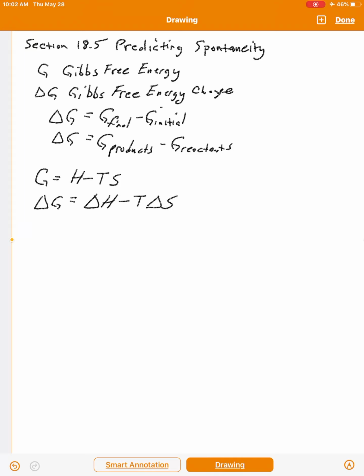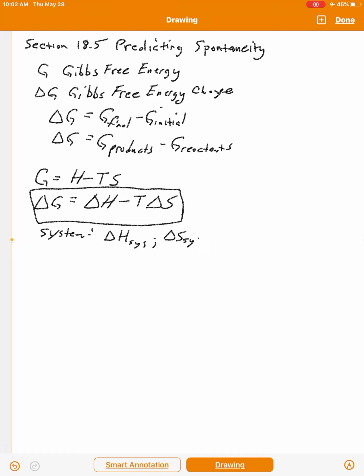Okay? So that equation right there is very useful for us, as it is related to the enthalpy change, delta H, and the entropy change, delta S. So for a system, we can calculate delta G by using delta H of the system and delta S of the system.